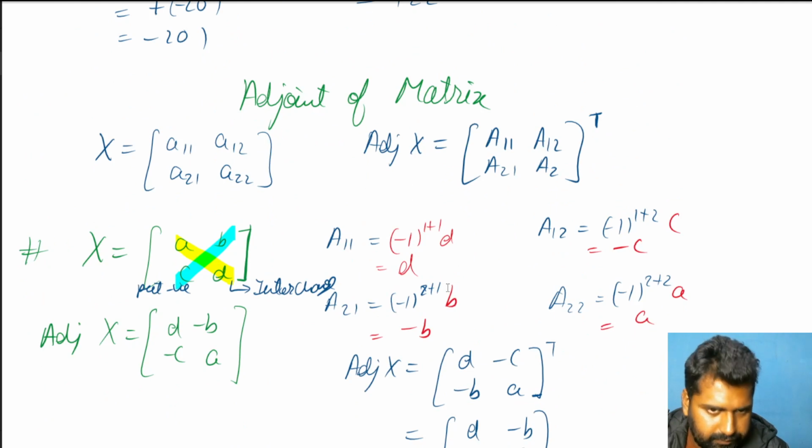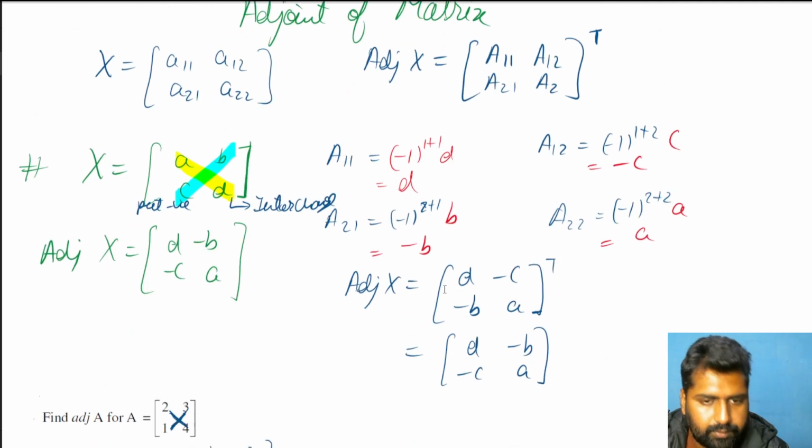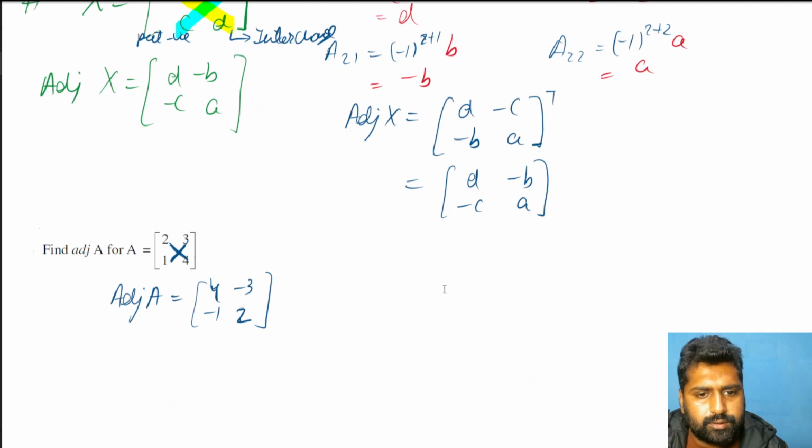All right. This is done. Finally, now let's talk about 3 cross 3. Let's see how to calculate the adjoint of a 3 cross 3 matrix.